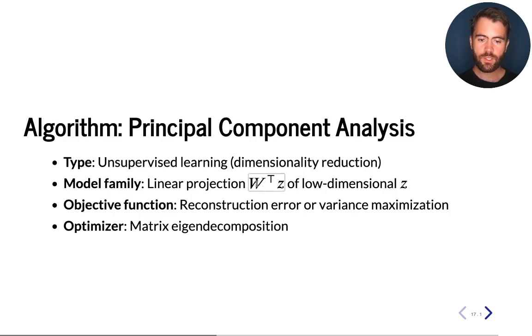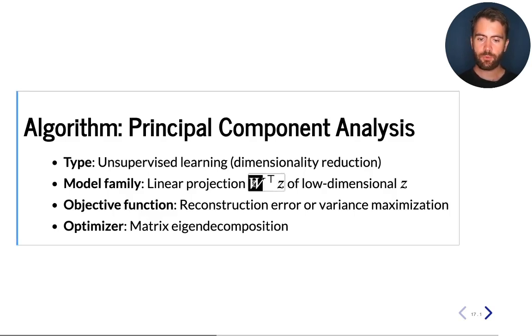We have to choose this matrix W, and we choose it by optimizing one of two objectives, either the reconstruction error or variance maximization. This is done by performing an operation called matrix eigendecomposition.